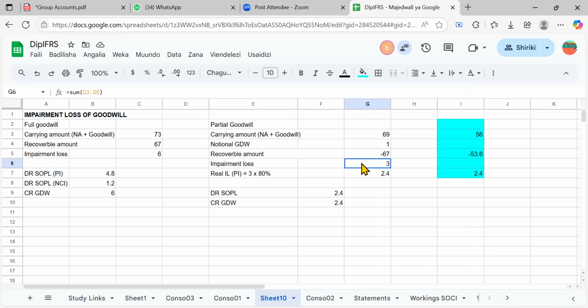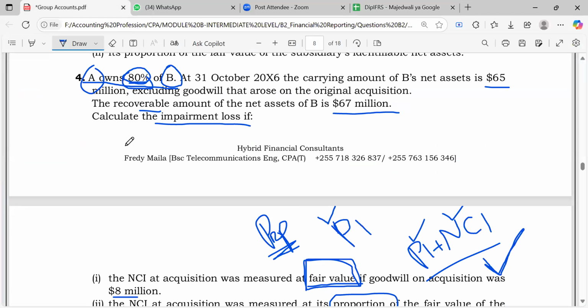But if you use the first one, you can forget and say, oh, I forgot, and maybe use the remaining 3 minus 2.4 equals 0.6. You may find yourself debiting 0.6 again to NCI just like we did here. So the second one is okay. Yes, if you are comfortable with that, I think it should be fine.